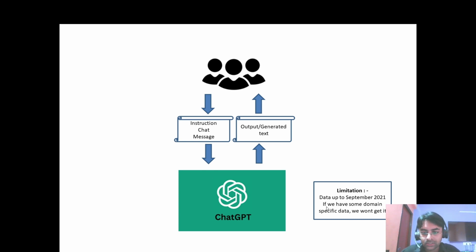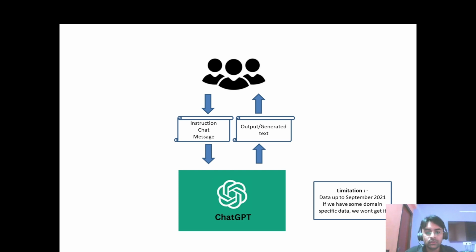Another limitation is if you have domain specific data, maybe private data that you don't want to send to anyone. In that case, you cannot use ChatGPT, and you may not want to use the OpenAI API. In those cases you can leverage LangChain.